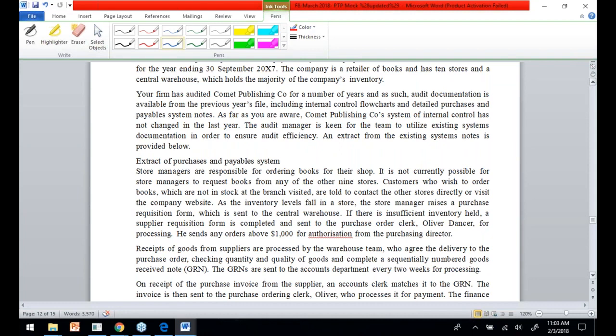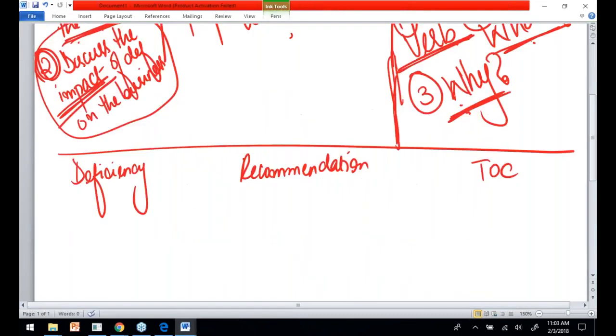The easiest of this was that orders above $1,000 are authorized from a purchase director. This is a deficiency. So what we are going to do is copy this line onto our answer.